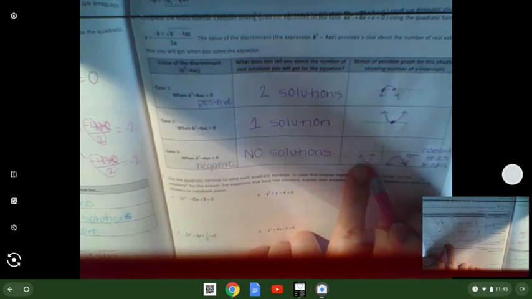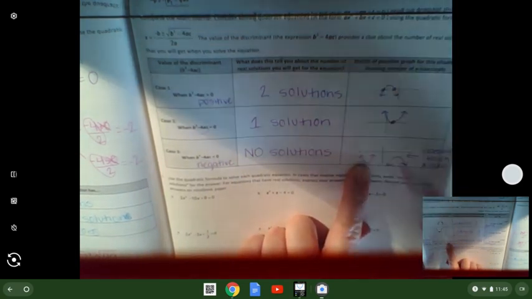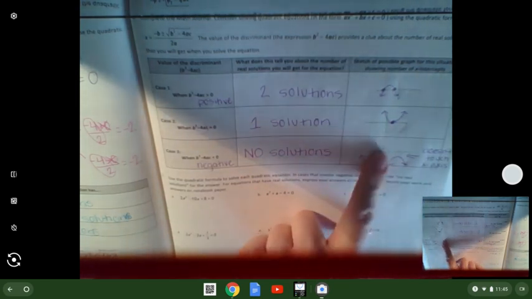Even if you didn't draw your arrows, keep in mind they're still there. I will make sure I write that on there if you look at the PDF on Canvas, because I'm going to, of course, take a picture and post what I wrote in my book. This one would actually have two solutions, like up here, because that parabola is going to continue in the upward direction. So this does not work.